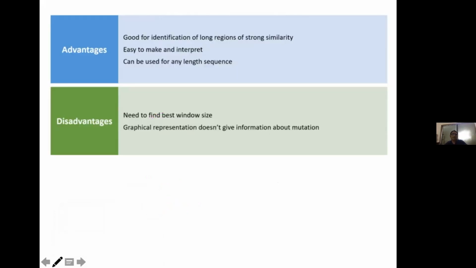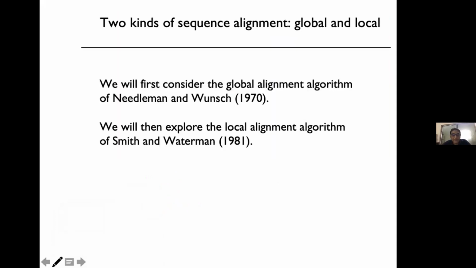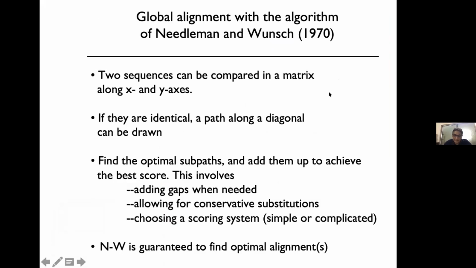So then the different matrices came. In the next class, we'll discuss the matrices, but today we'll go through one of the algorithms. As we said, there are 2 types of alignment. If your sequences are highly similar to each other, we will go for the global alignment. But if it's diverse sequences, then we go for the local alignment.